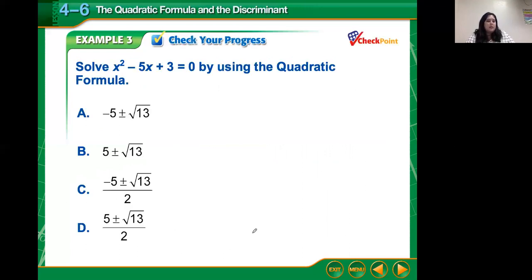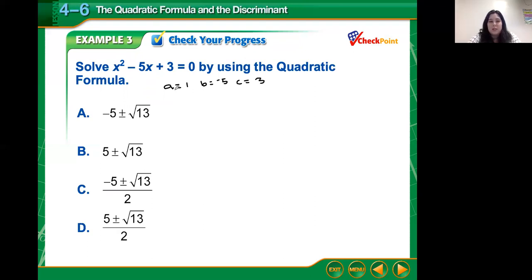All right, go ahead and solve x squared minus 5x plus 3 equals 0 using the quadratic formula. All right, let's take a look here. So we have a is 1, b is negative 5, and c is 3. You are going to have times when a is not 1.